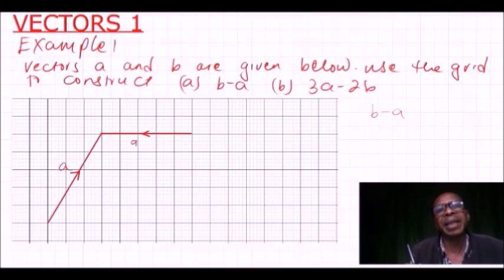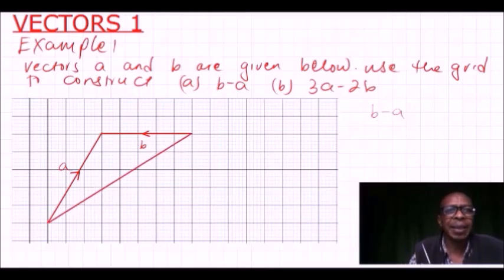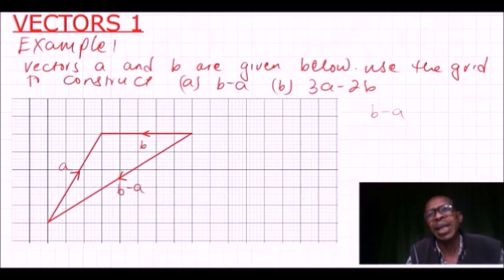So the vector that you end up with is like that. Remember, this is A, and this is B. So we want B minus A. Then our vector here is this. So this is vector B minus A. That's how you construct that.